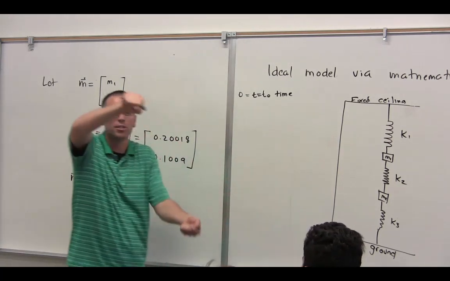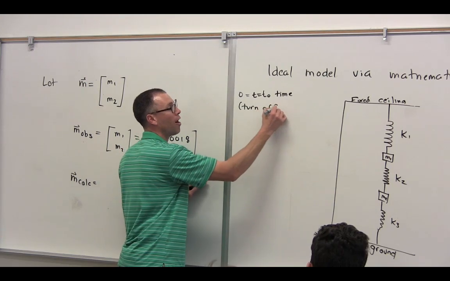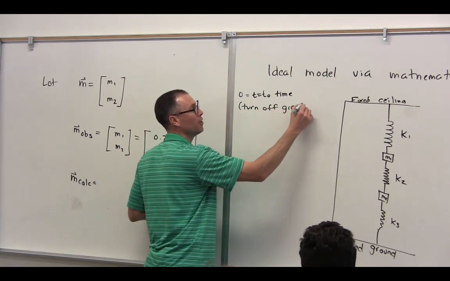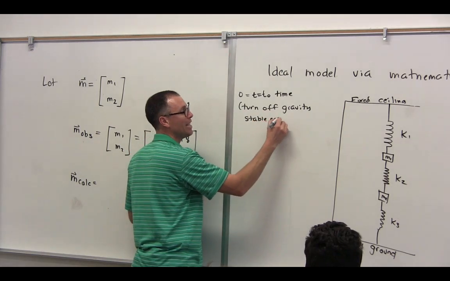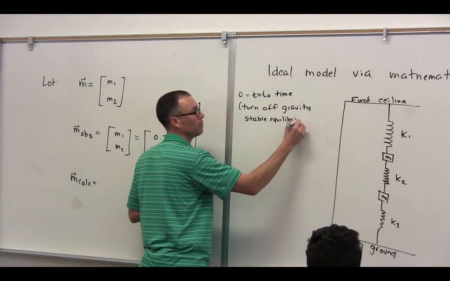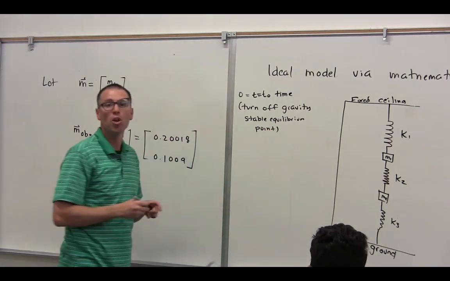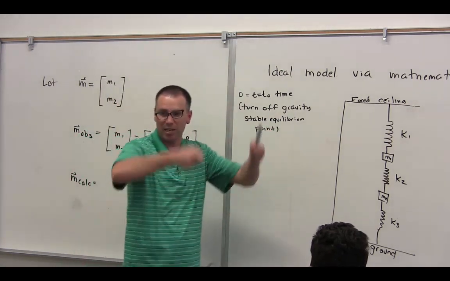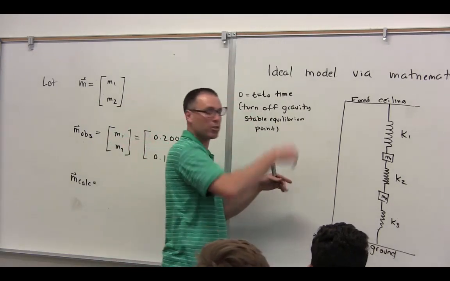What did I do first? Turn off gravity. You know what that's called? Stable equilibrium. No forcing function, no acceleration. So it's 0 net force, there's no forcing function, there's no extra information.